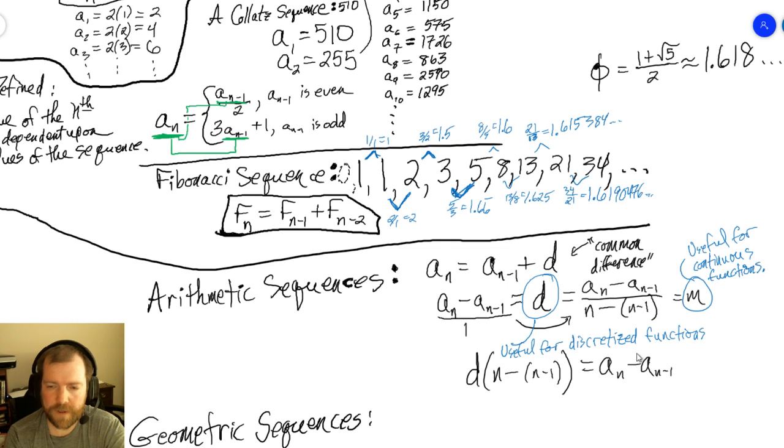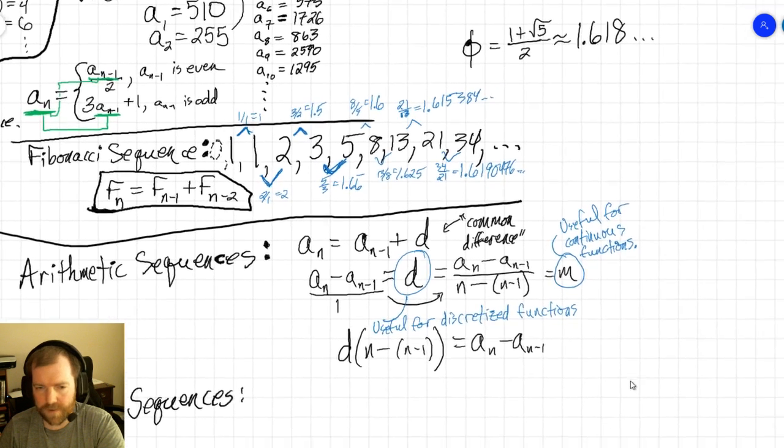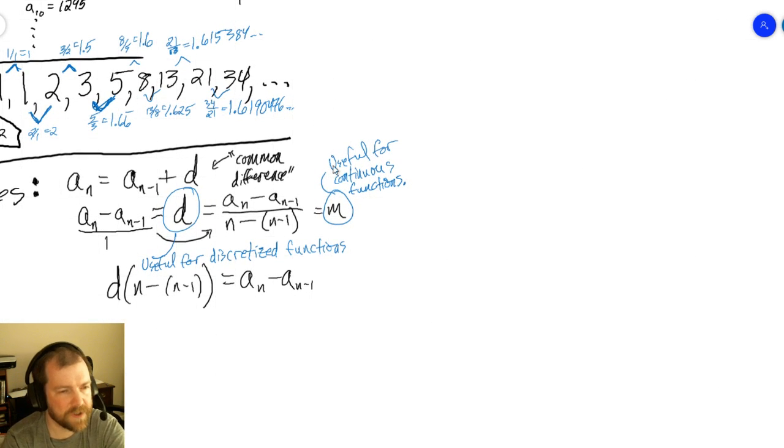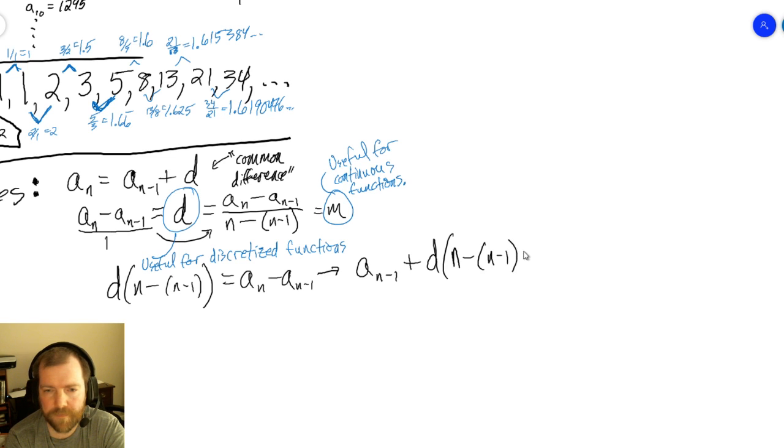And then add the a sub n minus 1 to the other side. Let's just keep going this way because this will work. A sub n minus 1 plus d times the quantity n minus parentheses n minus 1 equals a sub n.